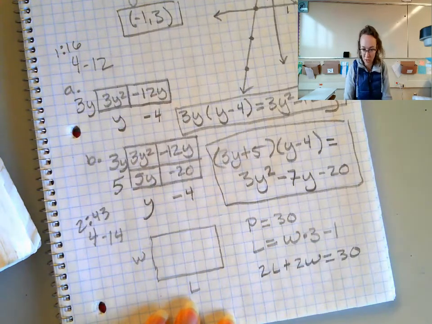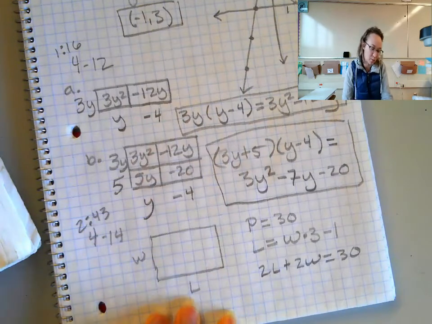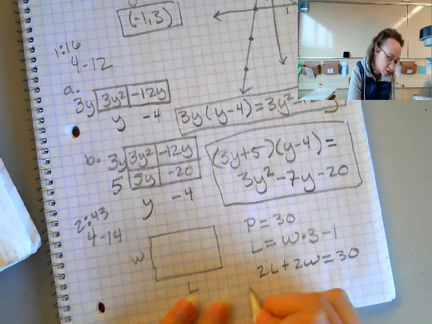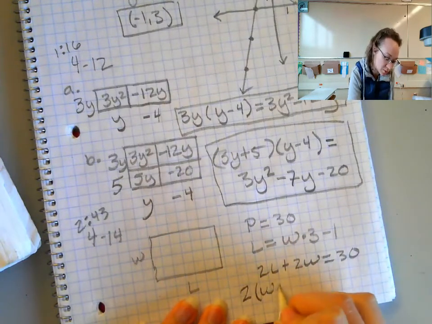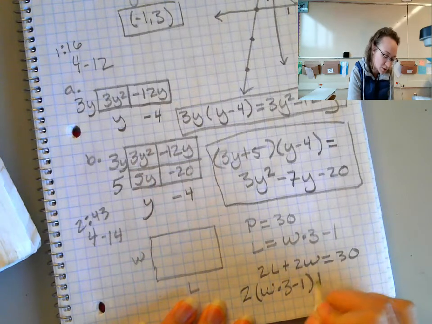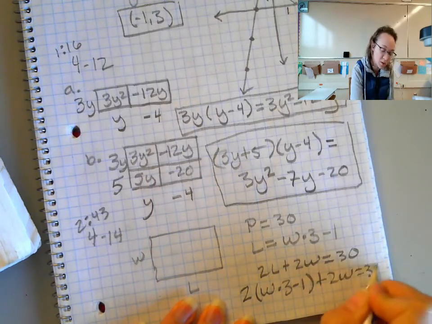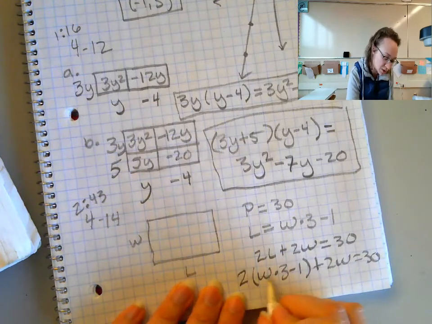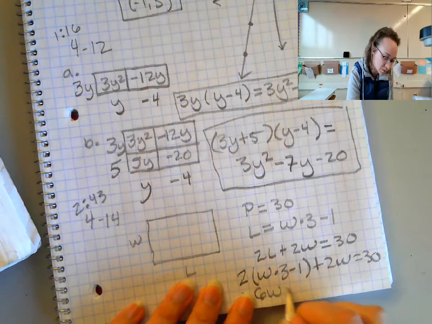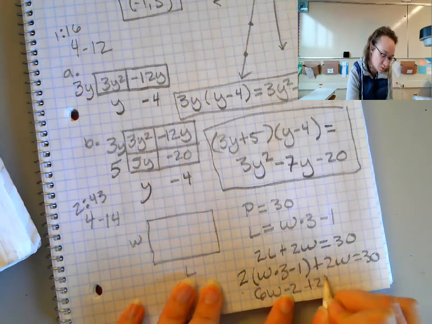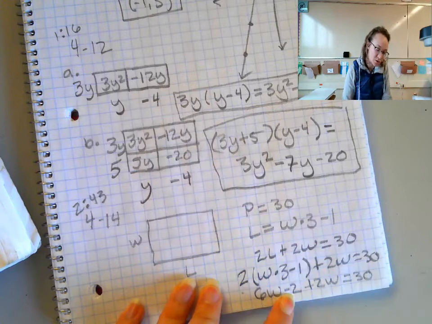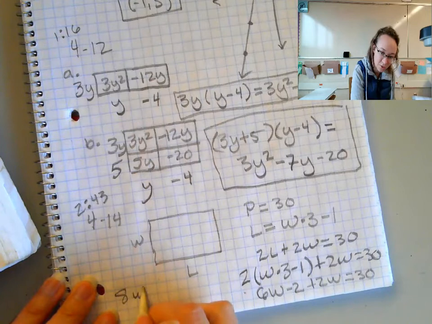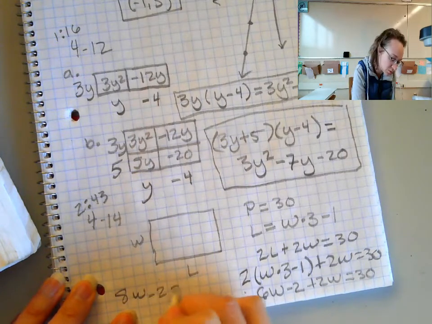And then I need to figure out what values would work there. Well, I know that length equals W times 3 minus 1, so I can do 2 times W times 3 minus 1 plus 2W equals 30. And then I can solve. So W times 3 times 2 is 6W minus 2 plus 2W equals 30. So that gives me 8W minus 2 equals 30.